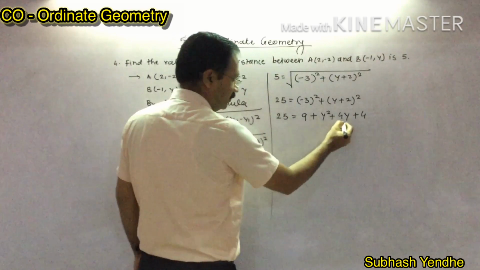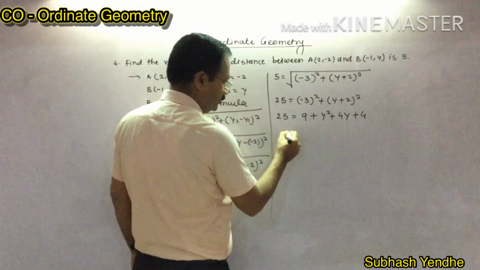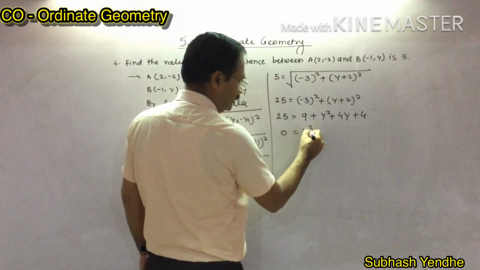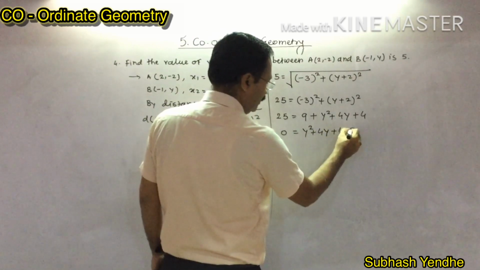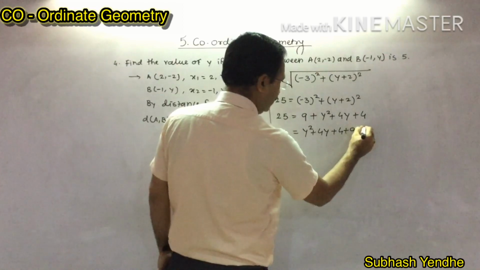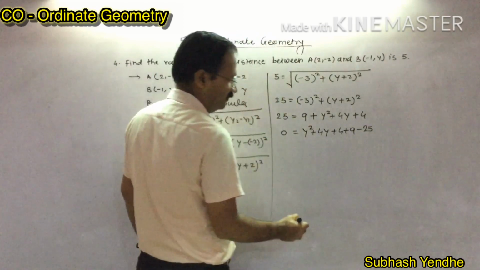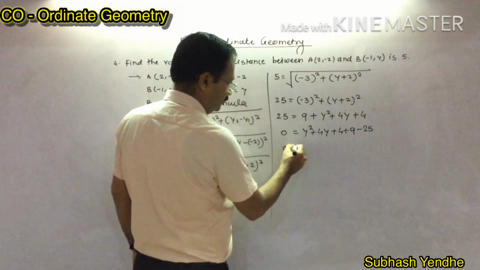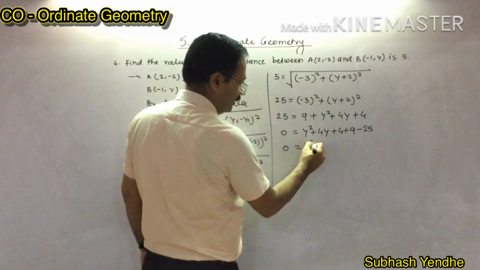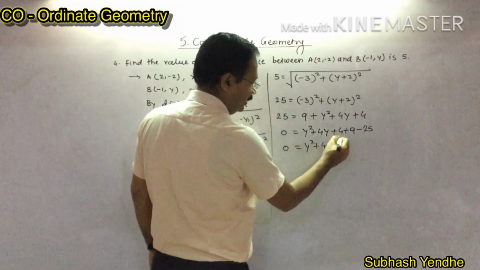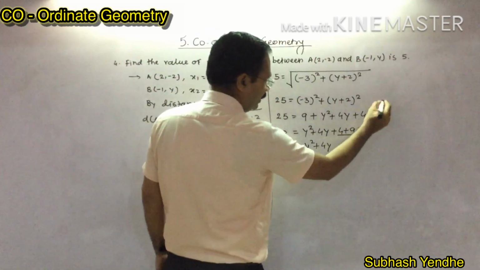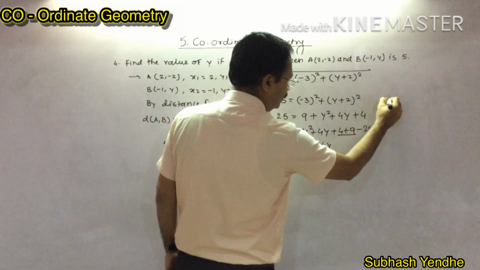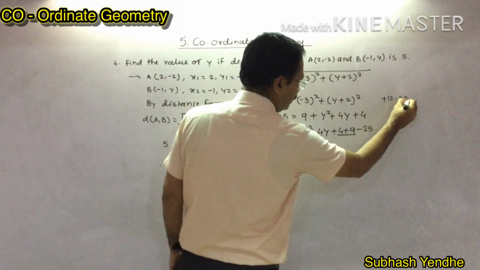Now it will come on this side. You will get 0 equals y² plus 4y plus 4 plus 9 minus 25. So 0 equals y² plus 4y. This will be 13 and this is minus 12: minus plus 13 minus 25.